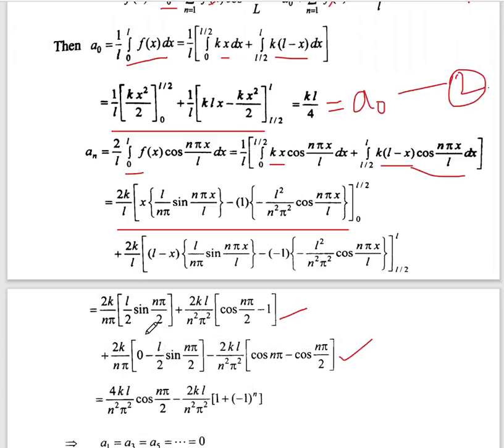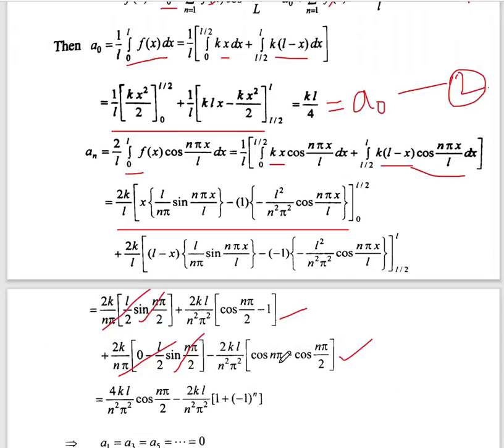If you observe, sin n pi by 2 will become 0, and this term and this term will get cancelled. Also 2k upon n pi, L by 2, sin n pi and minus 2k upon n pi, L by 2 terms: both will get cancelled, plus and minus terms cancel.